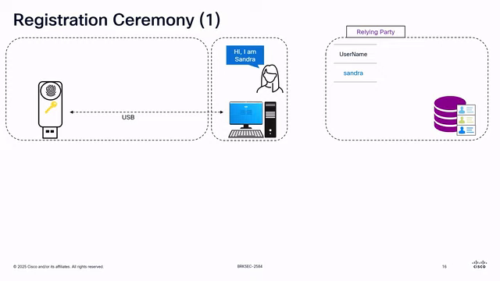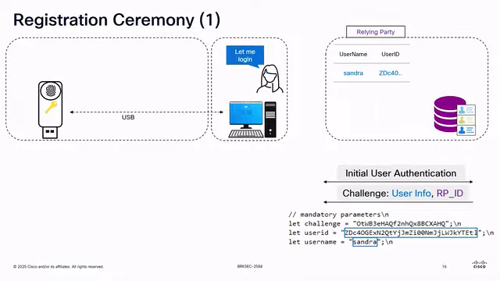It comes with a fingerprint reader, a biometric element. Now, Sandra starts her day, she signs into the application, and this kickstarts a passkey registration, a passkey generation process. What happens is that a user ID gets created for the user Sandra, which is unique to Sandra, as well as unique for the relying party.